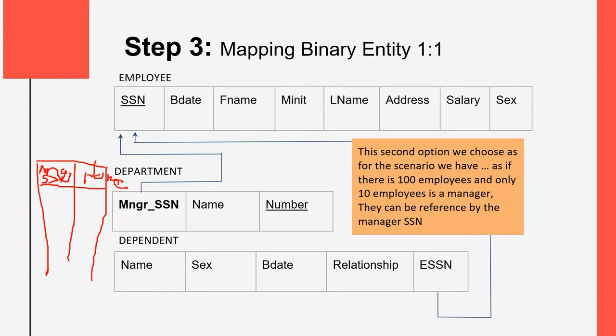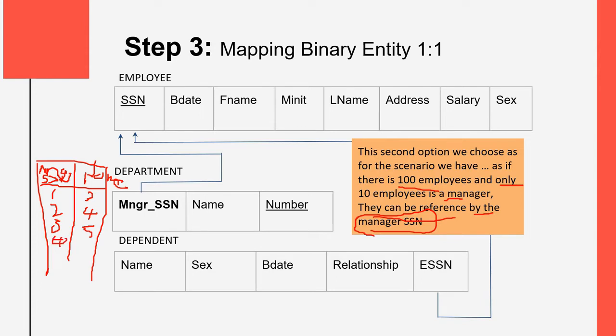Okay, so if we have hundreds of employees and only 10 employees are managers, they can be referenced by the manager SSN. So we have manager 1, manager 2, manager 3, at department 3, department 4, department 5. So we don't have a null value here.